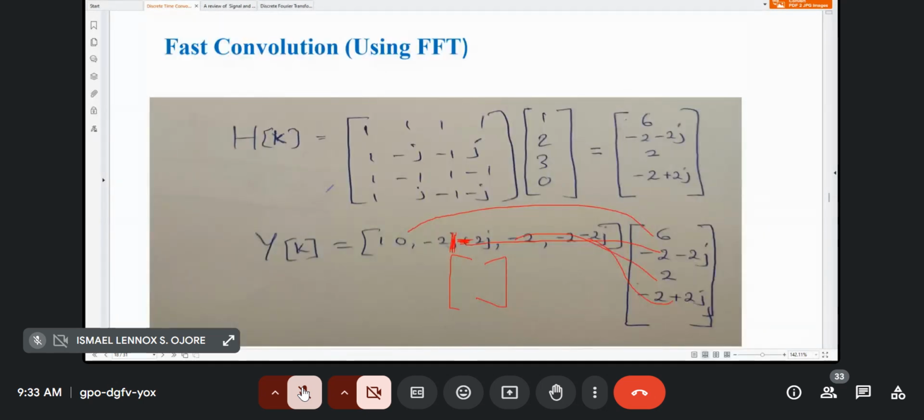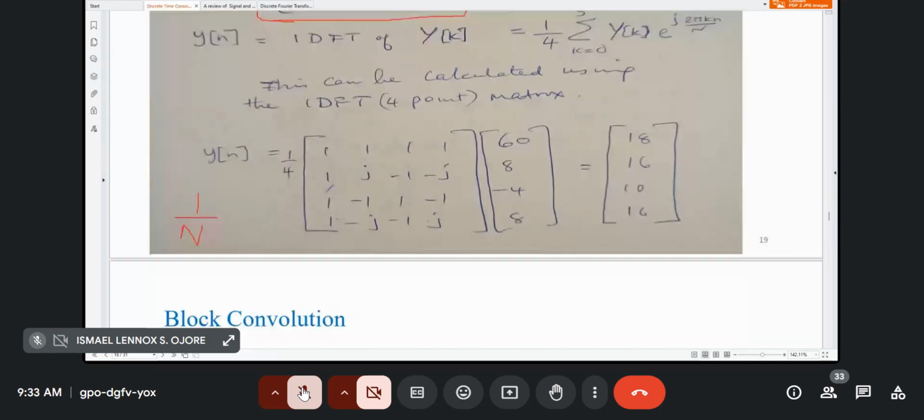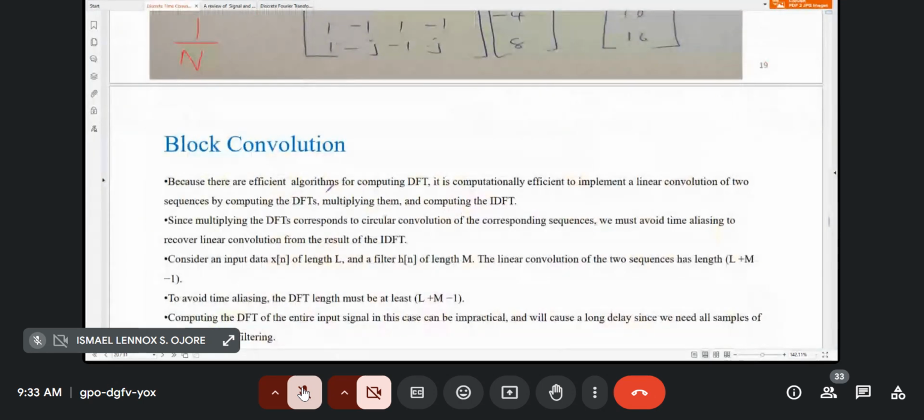So I think what we are trying to show here is that now when you do your block convolution, for the various blocks you are going to use this method of using the DFT, do the element-wise product, and then do the IDFT.